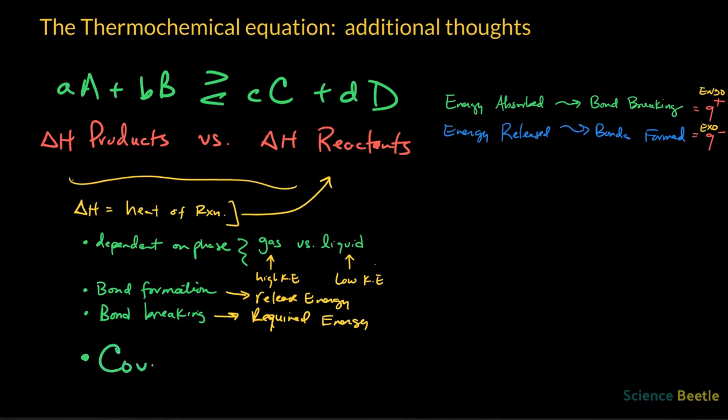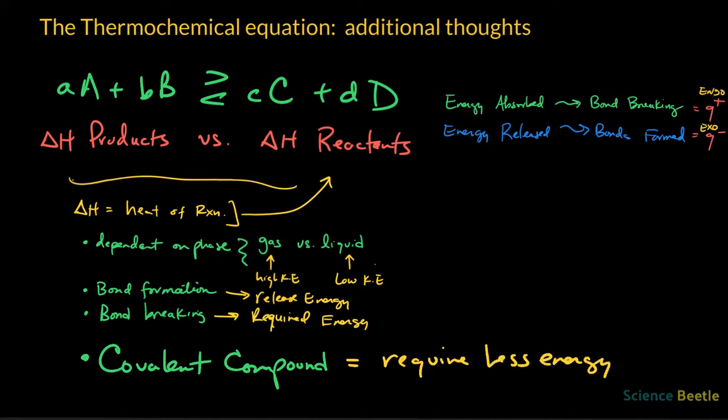Covalent compounds result in bonds that form as a result of a more stable arrangement between the atoms, and that's going to require low energy. And so the covalent compounds require less energy, and therefore, what's going to happen is that you're going to release the excess, which I'm just going to abbreviate as E.